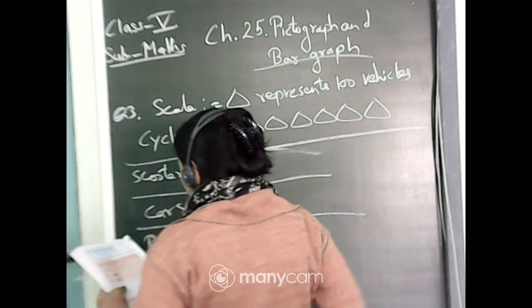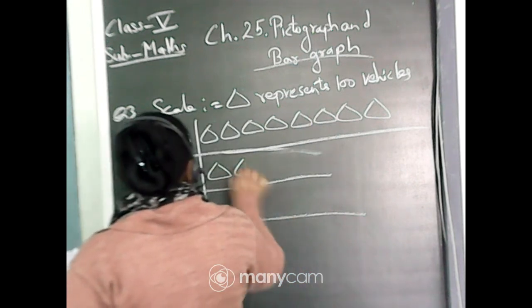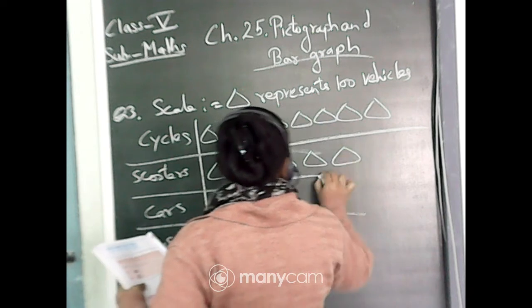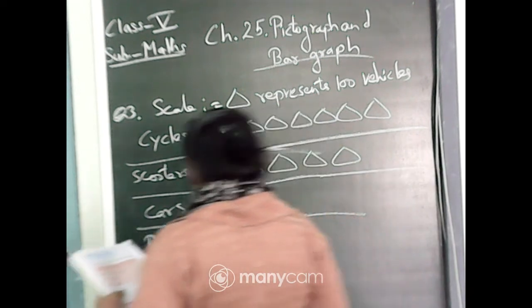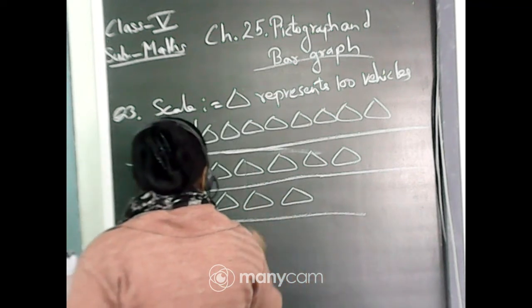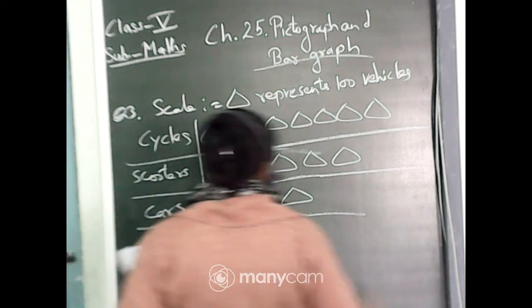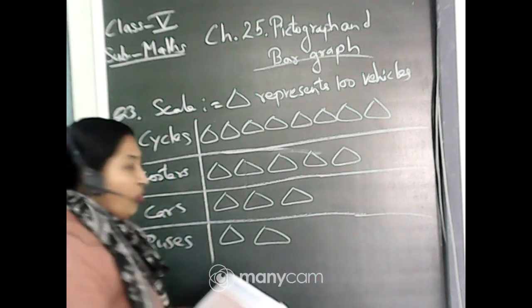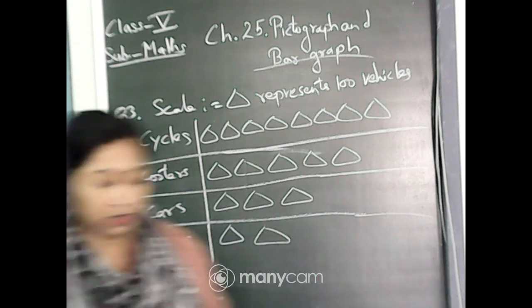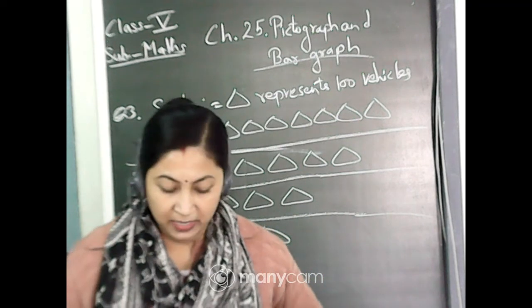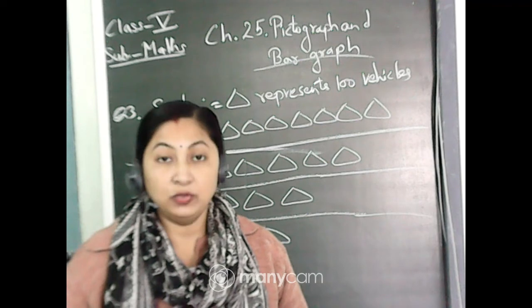Similarly, scooters 500, so you will draw 5 triangles. Then car, it is 300, so you will take 3. And for buses it is 200, so you will draw 2. See, my drawing is very bad, so my triangles, they are looking like oval shape, sometimes circle shape. Okay, but you don't do this type of things. You draw a neat and clean triangle. Okay, yes, so this way you will do question number 3.